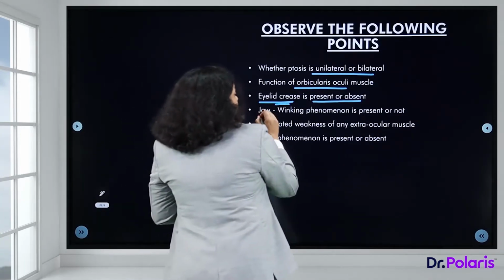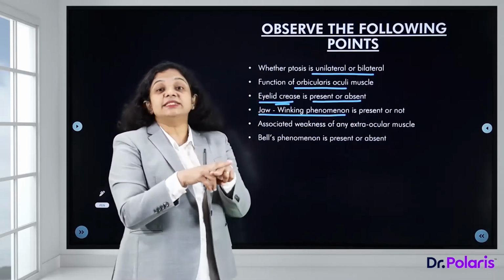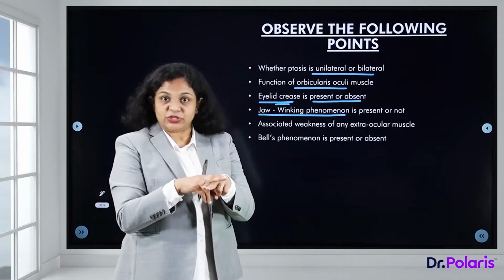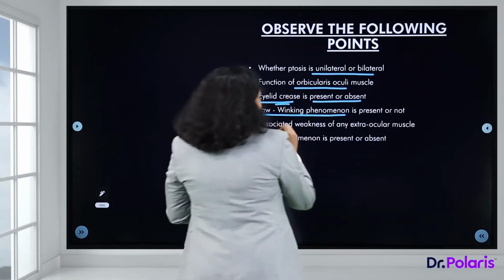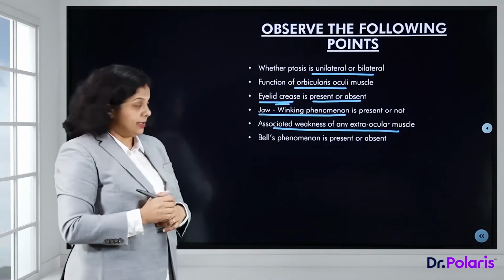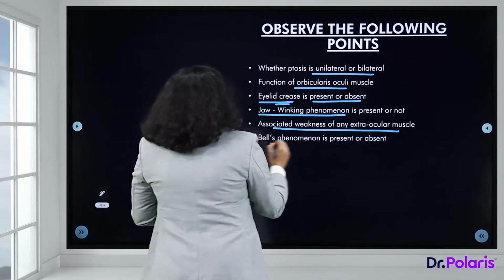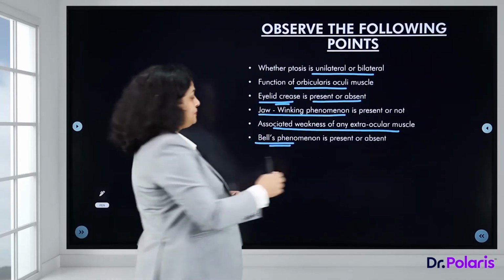If there is a presence of jaw winking phenomena, by which you know that there is a misdirection of your nerves which is causing this problem. Then if there is any associated weakness of an extraocular muscle. Also, you need to see if the Bell's phenomenon is present or absent.